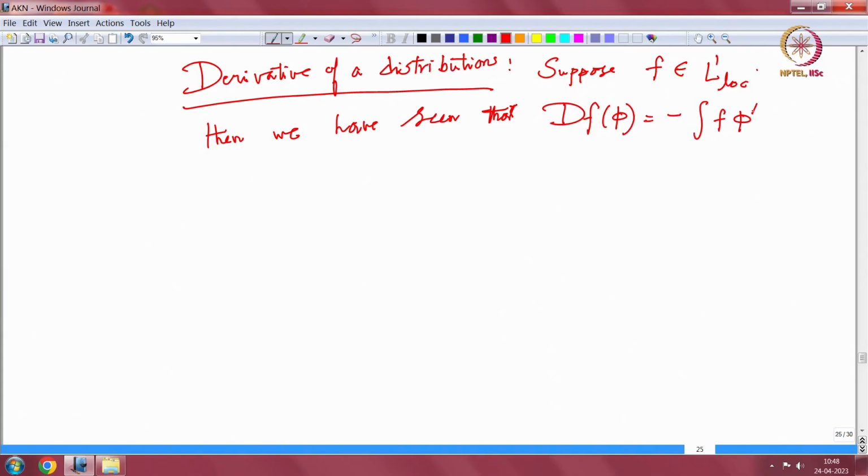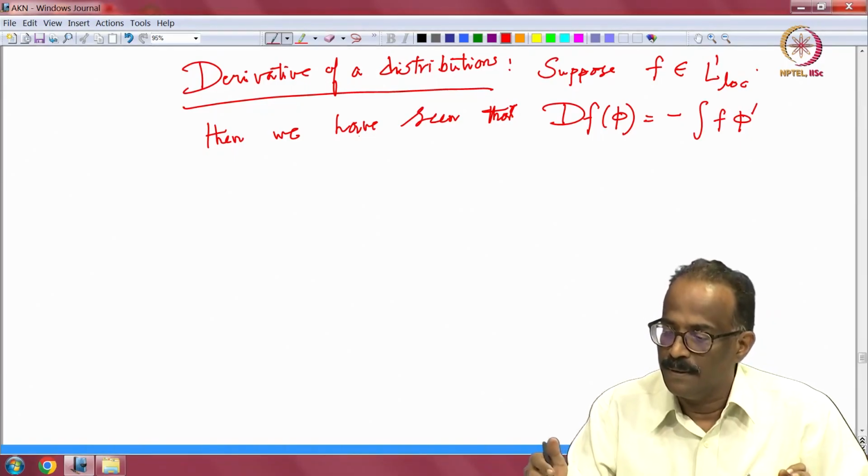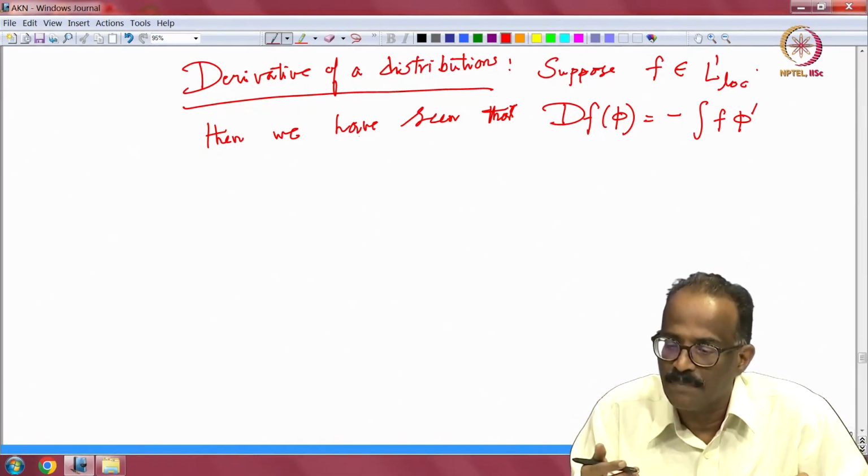So basically you take the derivative on phi each time, adding a multiplication by a minus sign, and this we obtained by using integration by parts.